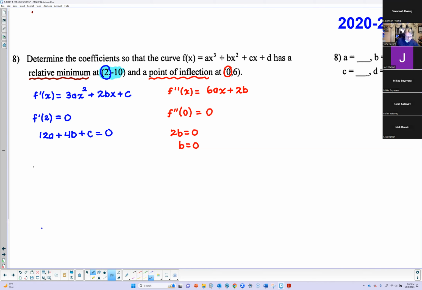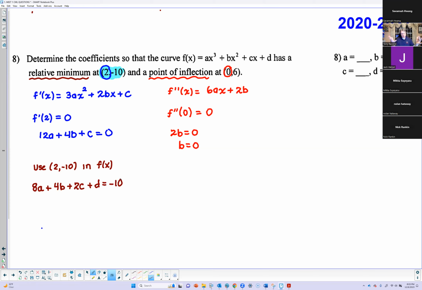Okay? So let's use 2, negative 10 in the original f of x. That means replace the x with 2, and you'll get 2 cubed, which is 8a, plus 2 squared, which is 4b, plus 2 times c, plus d, and that's going to equal negative 10.